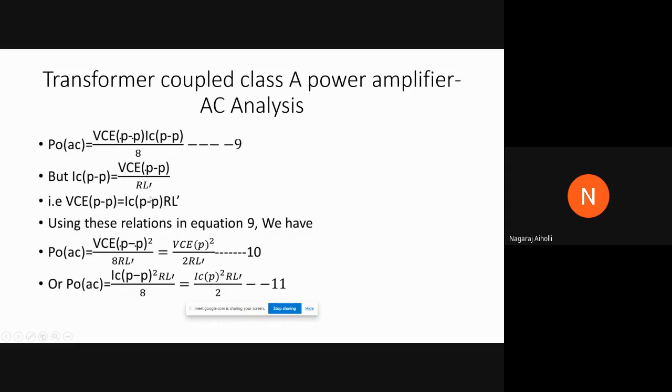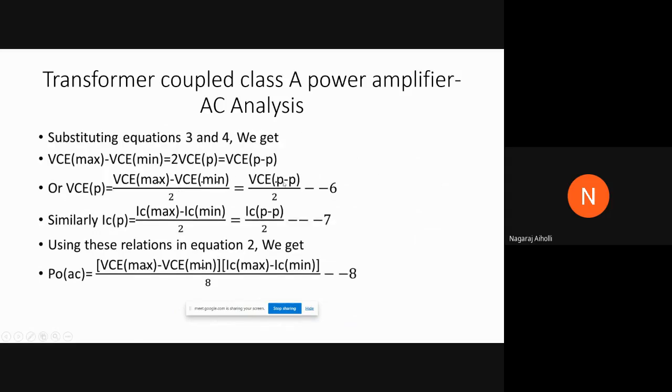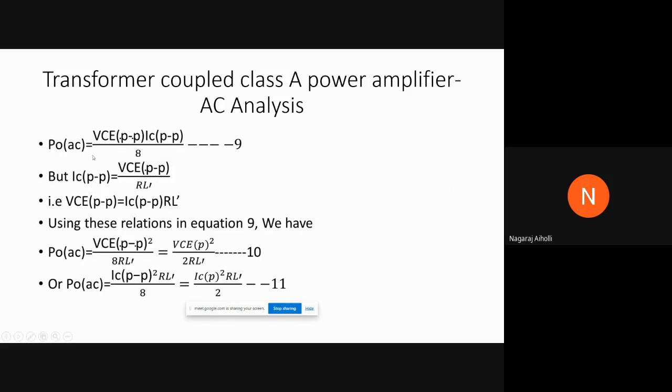Now P naught AC is also equal to VCE peak into IC peak by 2. That is the other part of the equation. VCE peak is equal to VCE peak to peak by 2, and IC peak is equal to IC peak to peak by 2. If I substitute VCE peak to peak by 2 and IC peak to peak by 2, then we will get P naught AC is equal to VCE peak to peak into IC peak to peak.